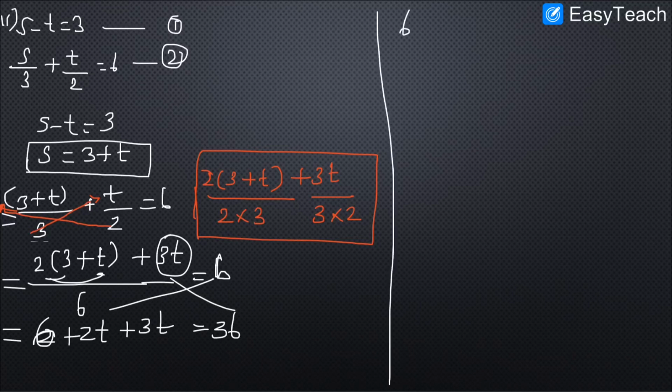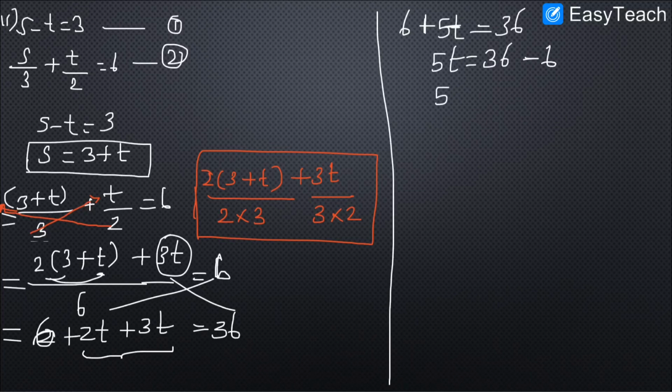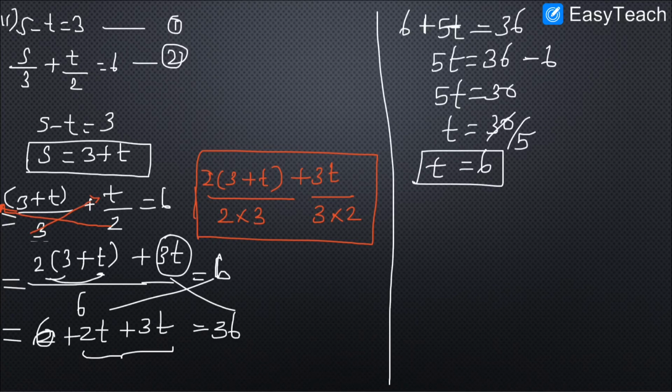In the next step, 6 plus 2t plus 3t equals 5t equals 36. So 5t equals 36 minus 6. So 5t equals 30. So t equals 30 by 5, which gives me 6, since 6 5s are 30.